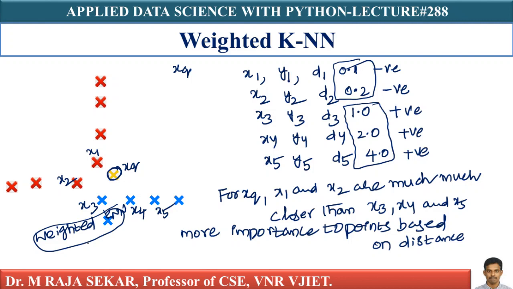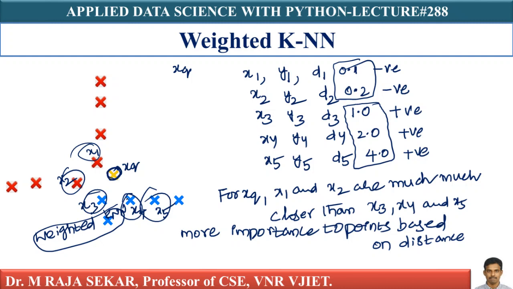Weighted KNN intuition is that you work with the neighbors depending on distance. Points which are very close to my query point must have larger weight, more weight. We give a weight to each of the neighbors: x1 is a neighbor, x2, x3, x4, x5 are neighbors. We have to give weightage to all the neighbors, but how?